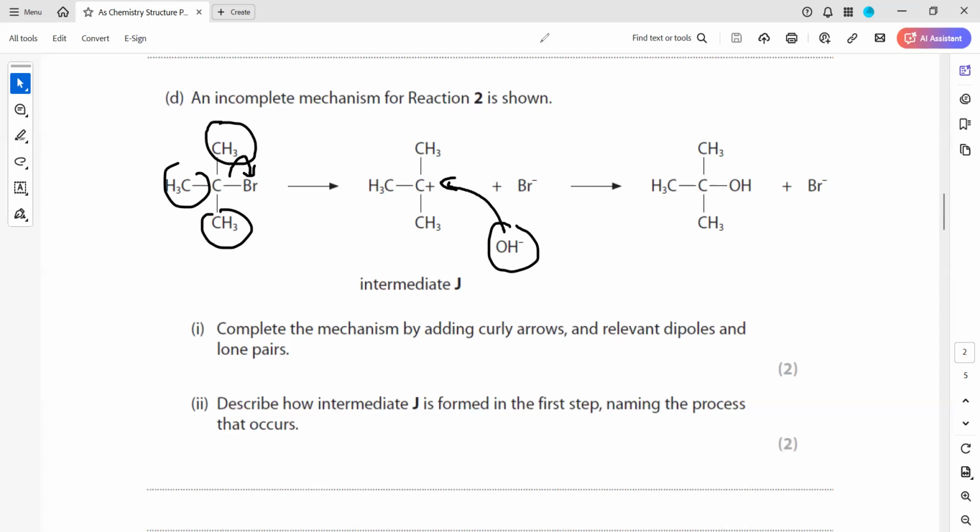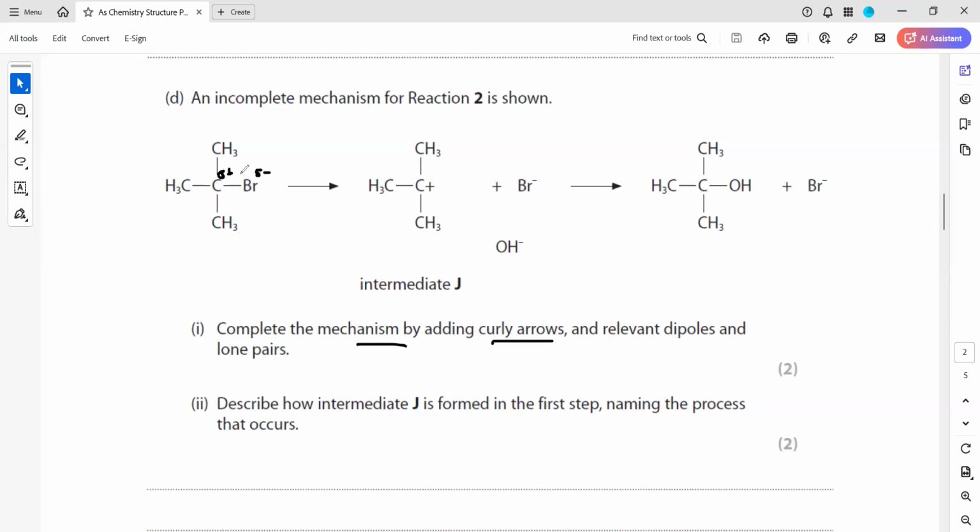The question is, complete the mechanism by adding curly arrows and relevant dipoles and lone pairs. So we have to show the curly arrows, because if it's a homolytic bond breaking, then it will be a half arrow. If it's a heterolytic bond breaking, then it will be a full arrow. So first, in the halogenoalkane, the partial positive will be on the carbon and the partial negative on bromine.